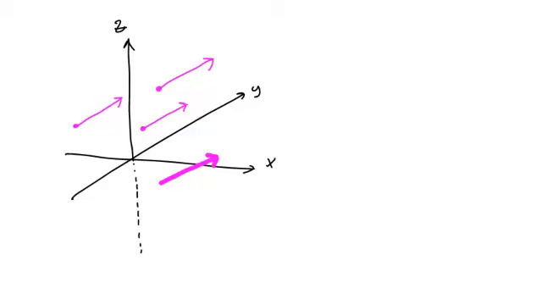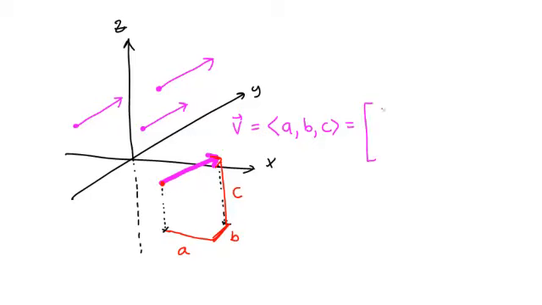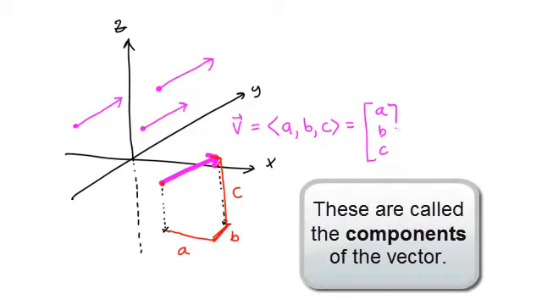Imagine for a moment we were to isolate one of these vectors and locate its tail and its tip. If we traverse from the tail to the tip by traveling parallel to the x-axis a units, then parallel to the y-axis b units, and then parallel to the z-axis c units, then we will call this vector the vector bracket a, b, c, or in column form, a, b, c.